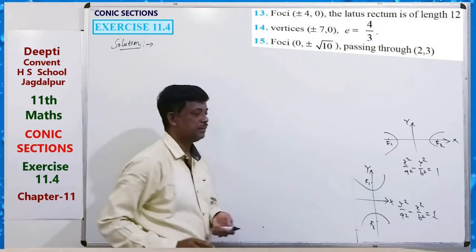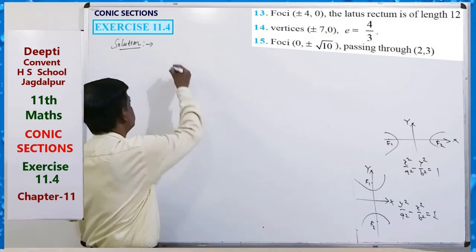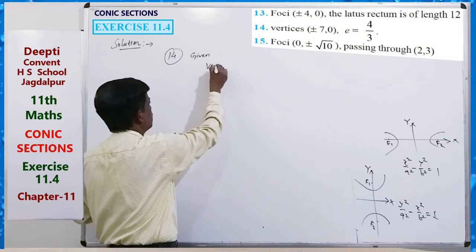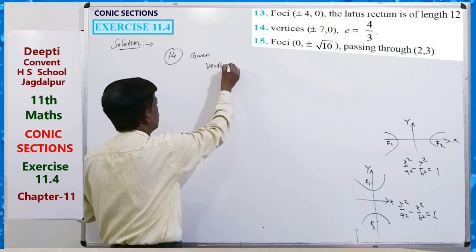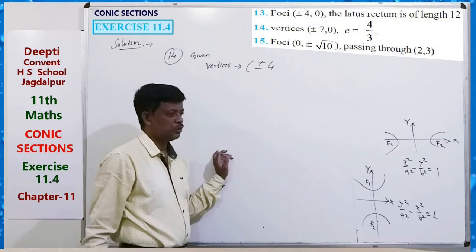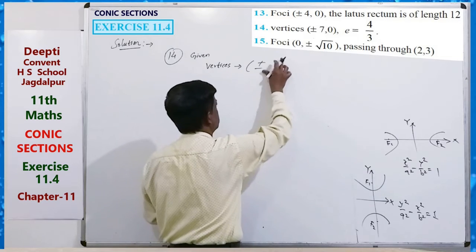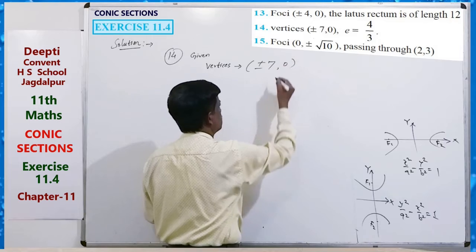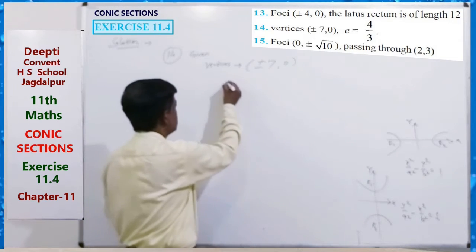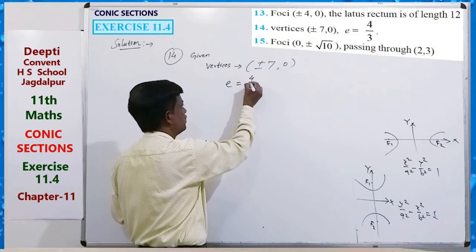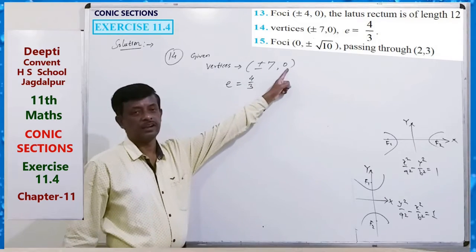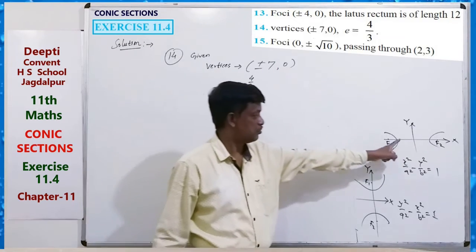Question 14: given vertex is plus minus 7, 0, and eccentricity e equals to 4 by 3. These are given. Okay, so vertex lies on the x-axis, so format is this.